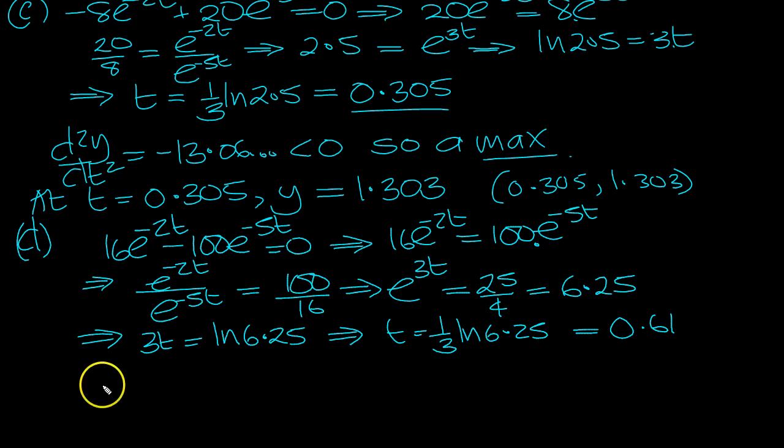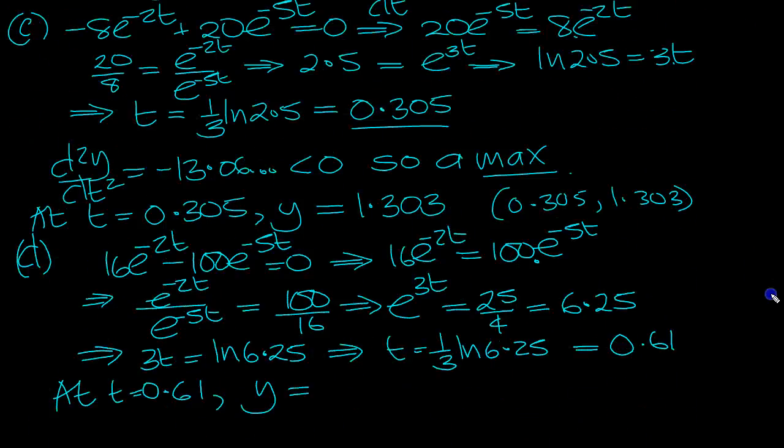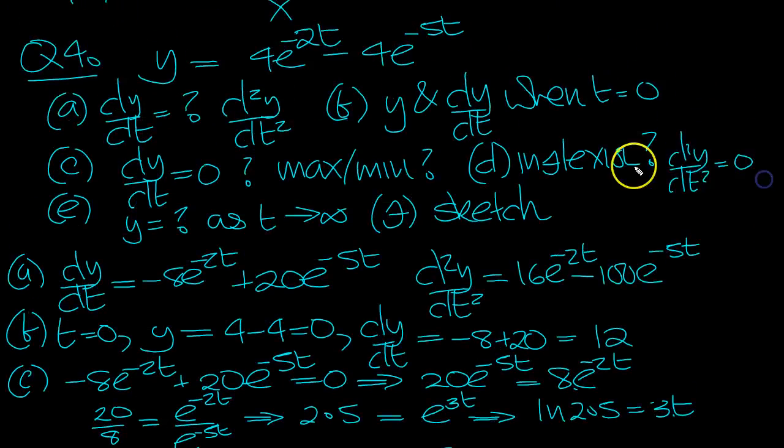And what's the y value? Because it's the point of inflection, so we need the coordinate. Y is equal to, now what have we got here? The t value is 0.61, and we're putting it into y.